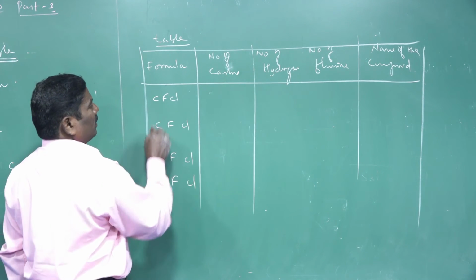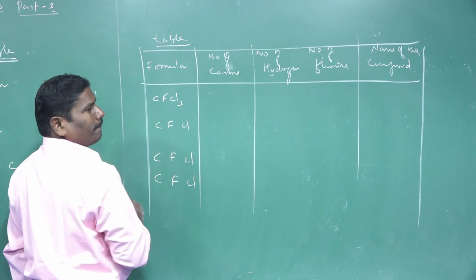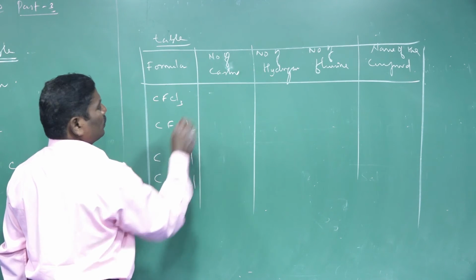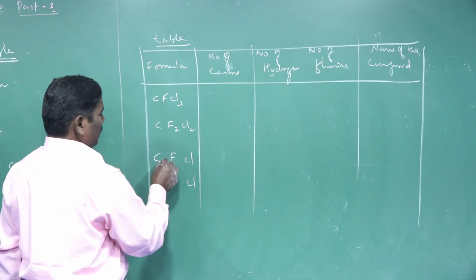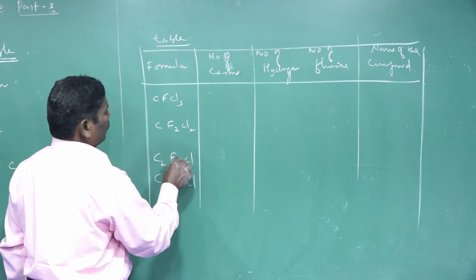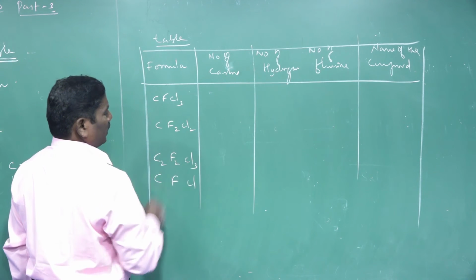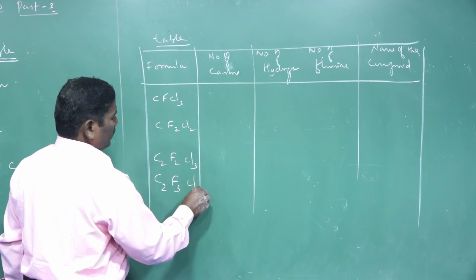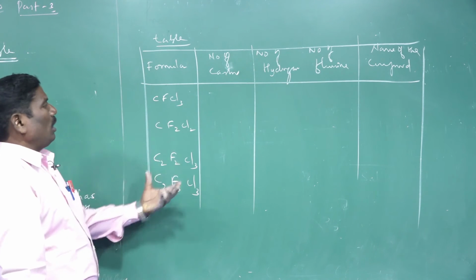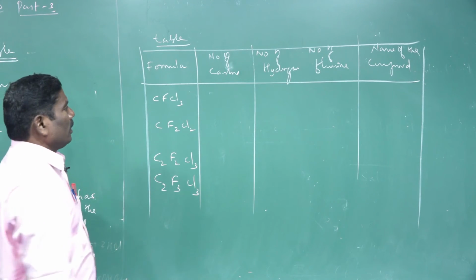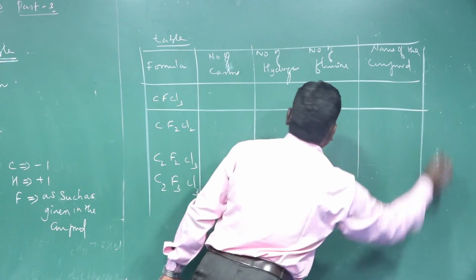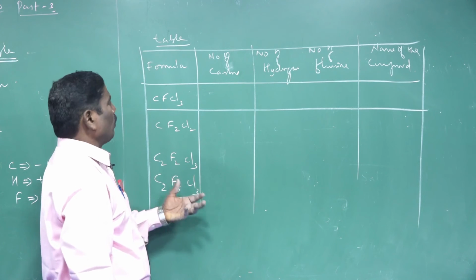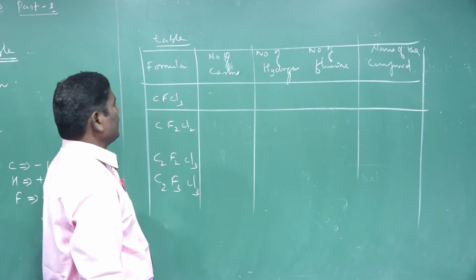Now you take for example CFCl3, CF2Cl2, then for example C2F2Cl3, then C2F3Cl3. These are all the formulas which we are deriving. From this formula, we have to find out what type of chlorofluorocarbon this is.